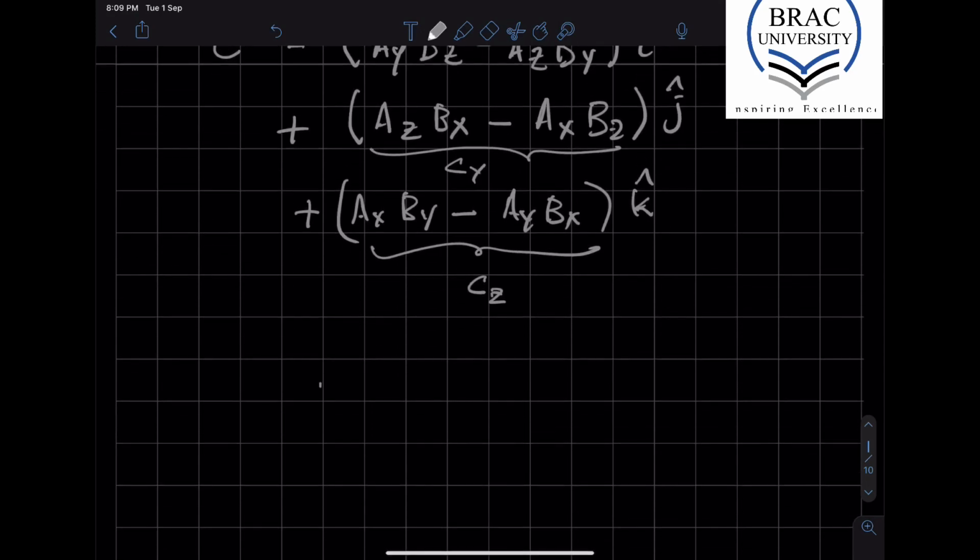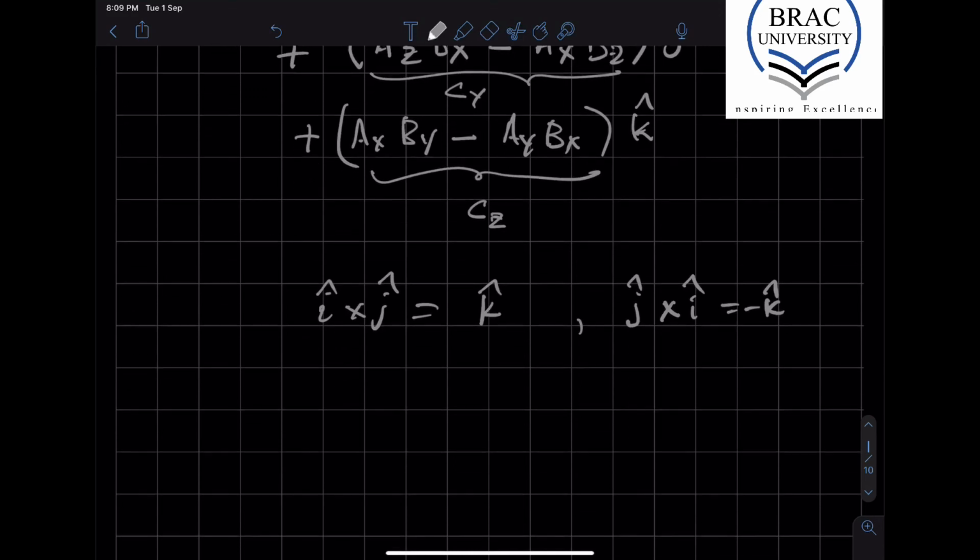Also note that the relationship i cross j equals k, and j cross i equals minus k, and all those similar relationships mean that the cross product is an antisymmetric product.